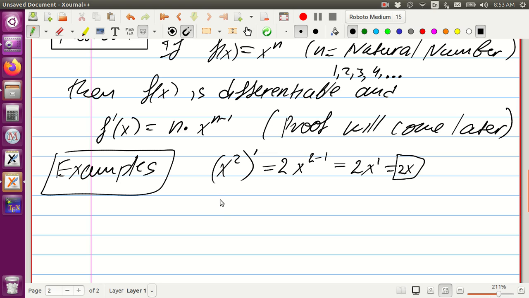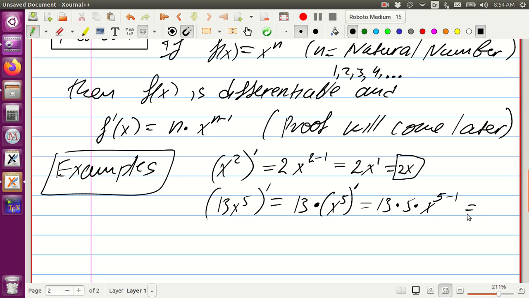And how about 13x to the 5? If you take the derivative, 13 comes down, and we have to find the derivative of x to the 5. For x to the 5, we can use this rule, where n is 5. Since n is equal to 5, we put it down and multiply by x to the 5 minus 1.